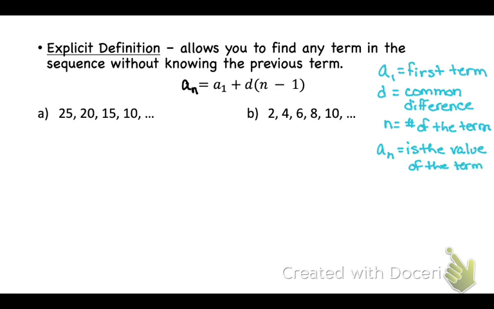So N is like what number the term is in the sequence. A sub N is the actual value of the term. Does everyone get the difference between those two things? That's usually the thing people struggle on the most.